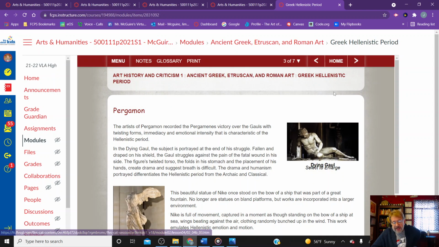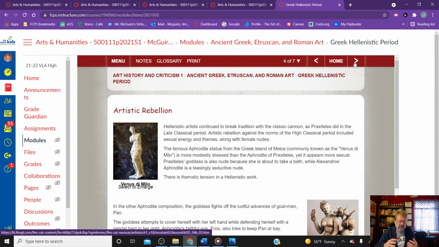Not a lot from the Hellenistic period, other than recognizing, again, this progression towards this very naturalistic, humanistic, flowing, and it's a departure, obviously, from all that early Egyptian and early Greek stuff.